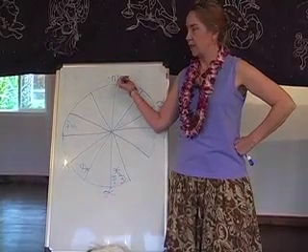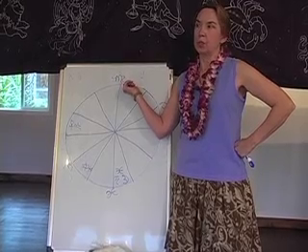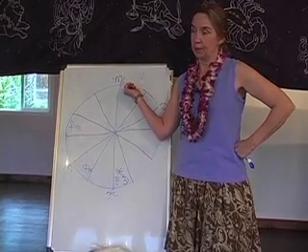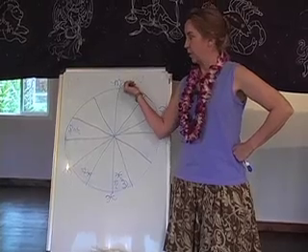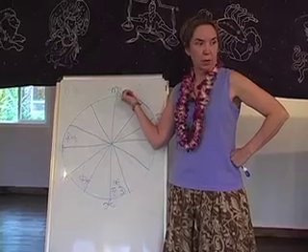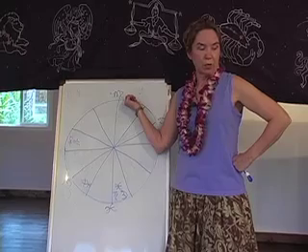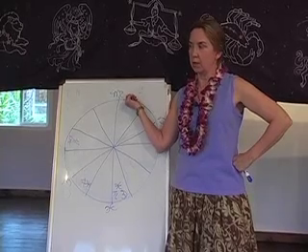The sign on the 10th house cusp will show you how the child perceived their parents and all of the consensus reality of their parents. How they perceived their parents as authorities in their life.